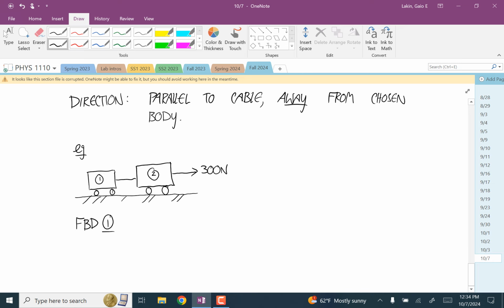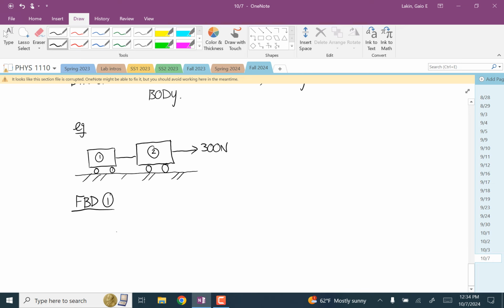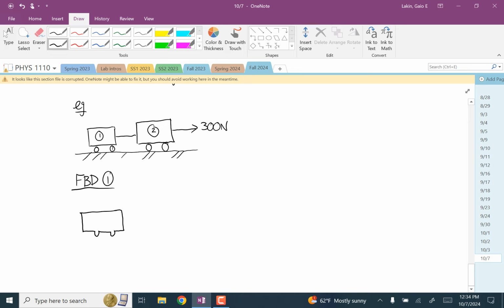So first for body 1. There's a weight force. This time, let me give these masses. Let's say M1 is equal to 20 kilograms and M2 is equal to 30 kilograms.